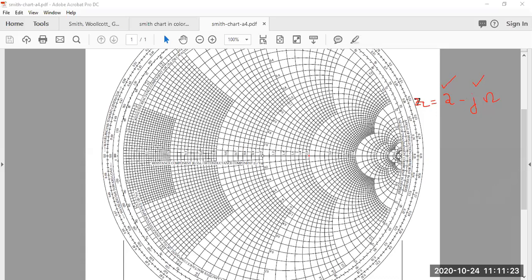You all know that we need to look at the bottom, because this is the positive region and this is the negative region. So this is the circle for minus 1. Where these two circles intersect, if someone is still confused, let me draw it.